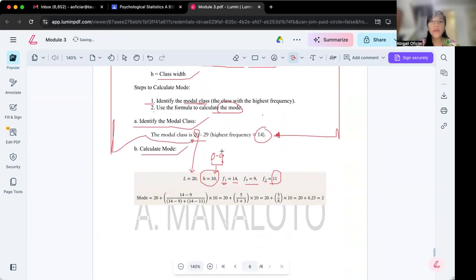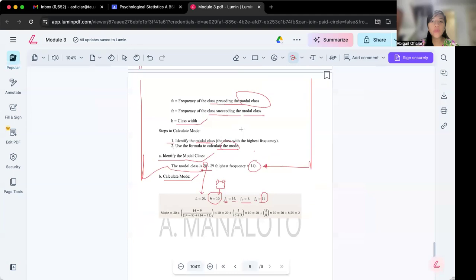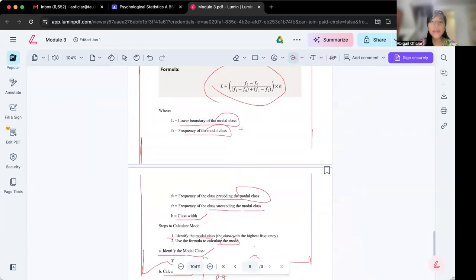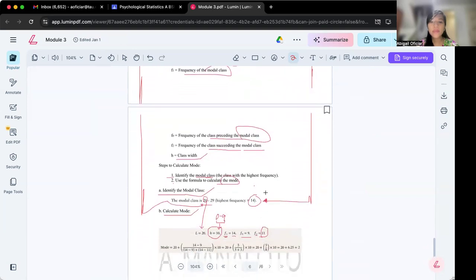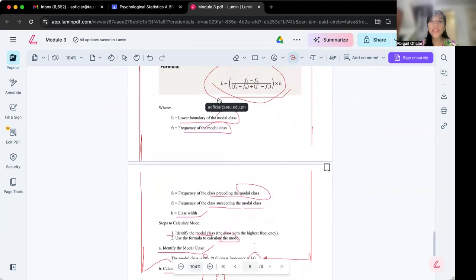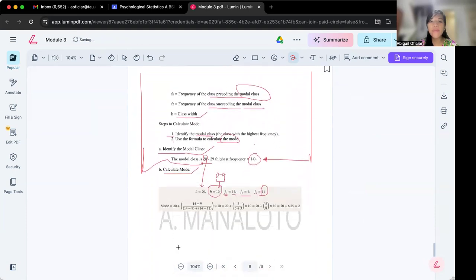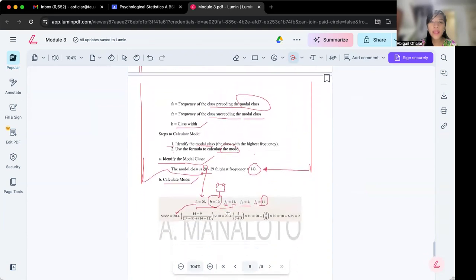So, now, we will substitute, of course, the formula. This formula, okay, or the values, we will substitute to this formula. So, we have here the mode, then our L is 20. Okay. Then, of course, we have here the F1. Okay.